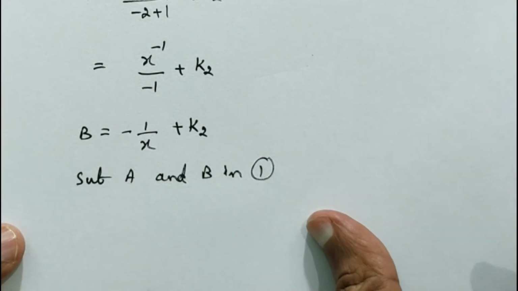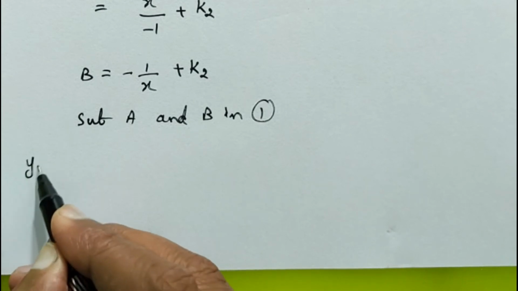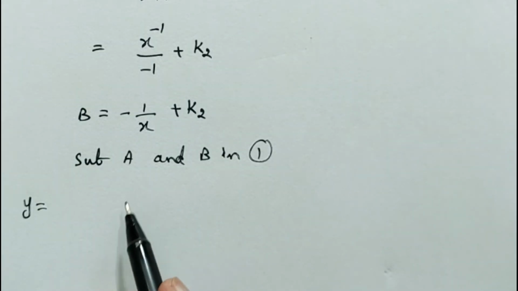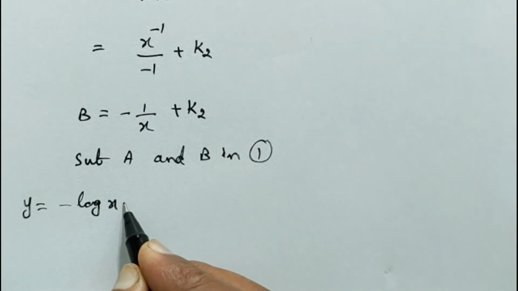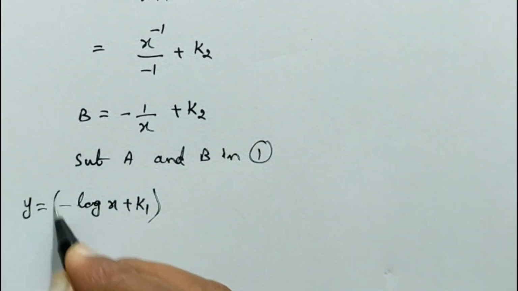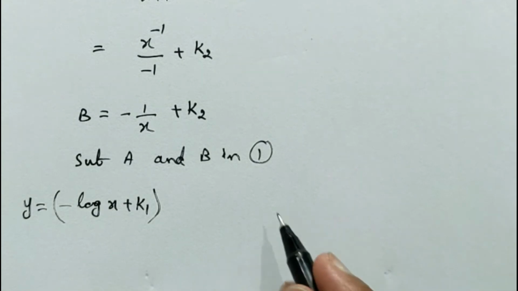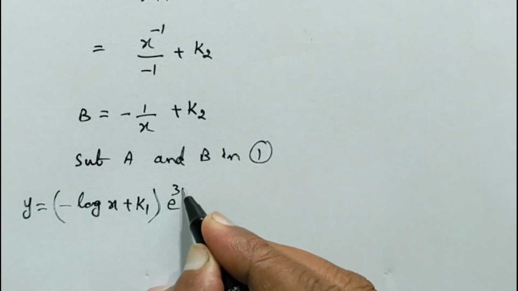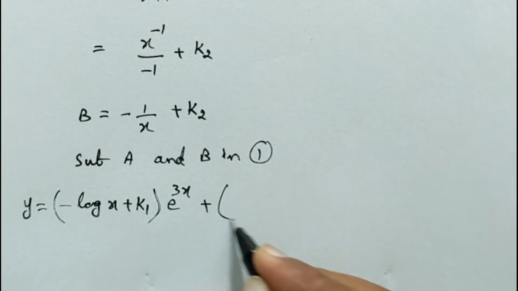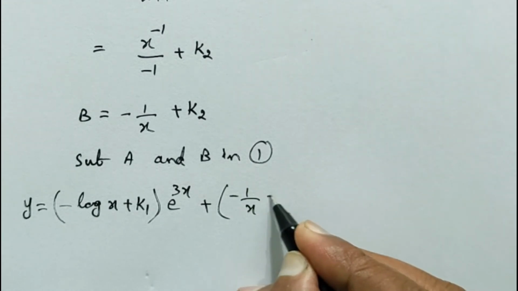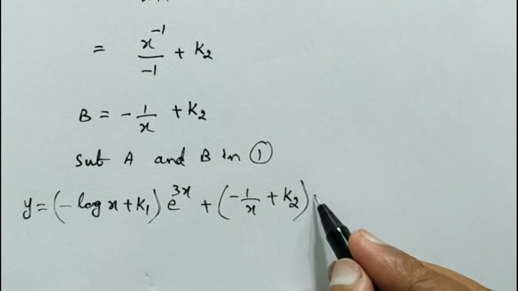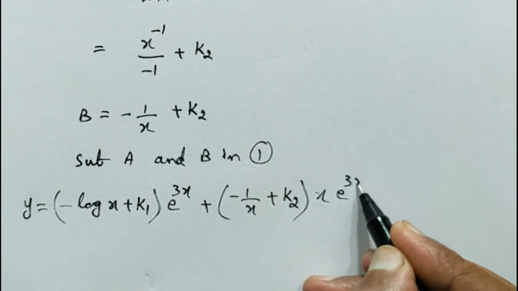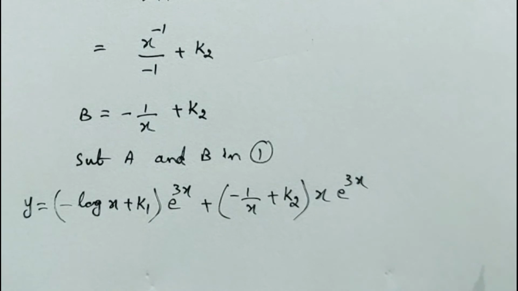The value of a is minus log of x plus k1, so it is a times e power of 3x, plus the b value, which is minus 1 by x plus k2, so b times x e power of 3x.